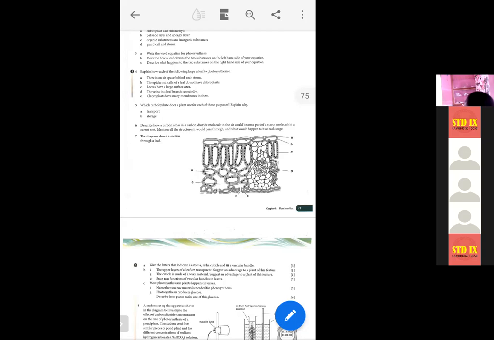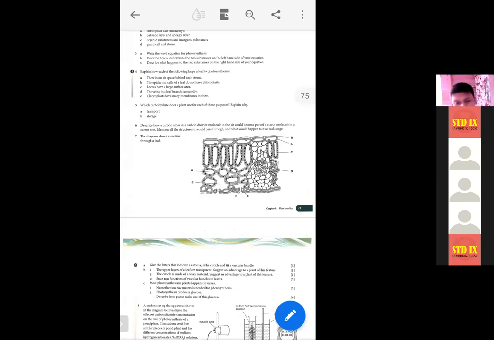You will have to write the whole journey of a carbon atom from a carbon dioxide molecule present in the air to the starch molecule stored inside the plant body. Mention all the structures it would pass through and what would happen to it at each stage. I can't write it for you, you will have to write it yourself. Okay? Understand the question.